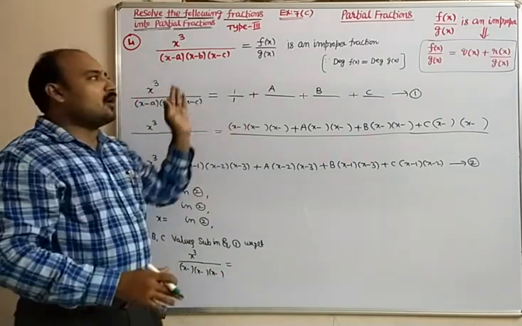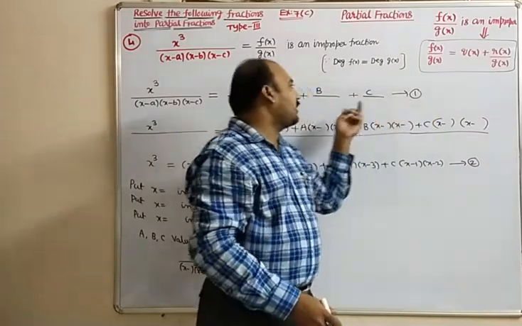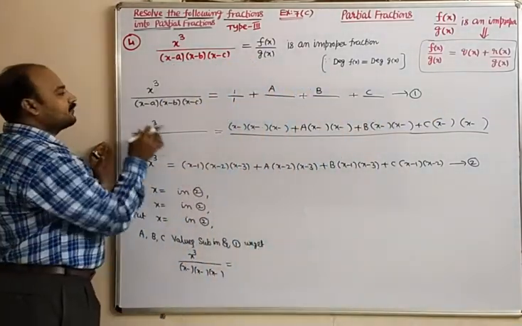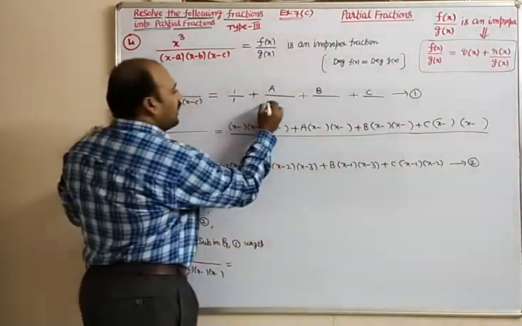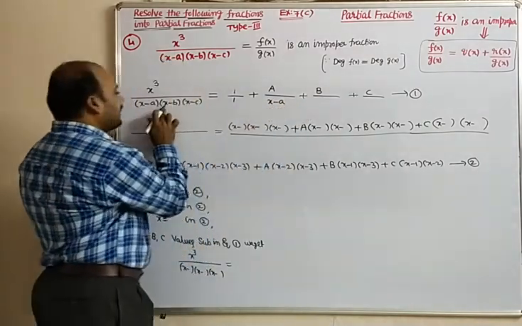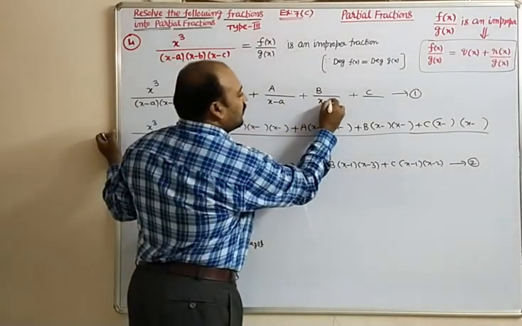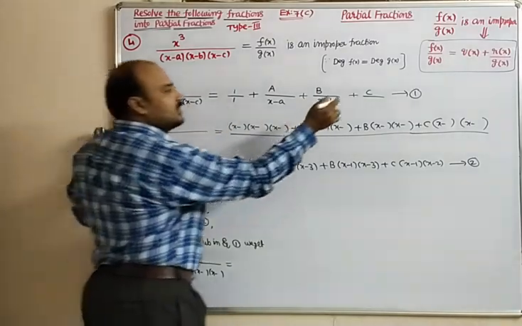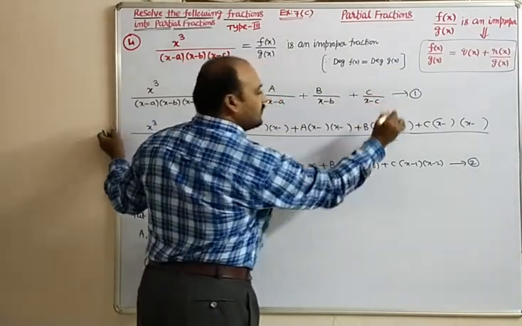After that, the remainder r of x can be expressed as proper fractions: A by x minus a plus B by x minus b plus C by x minus c, where capital A, capital B, capital C are constants.